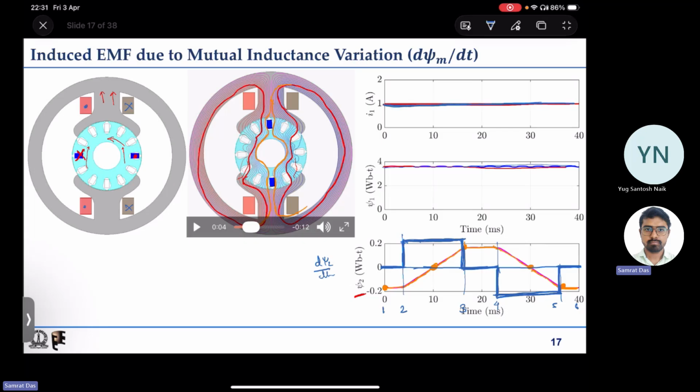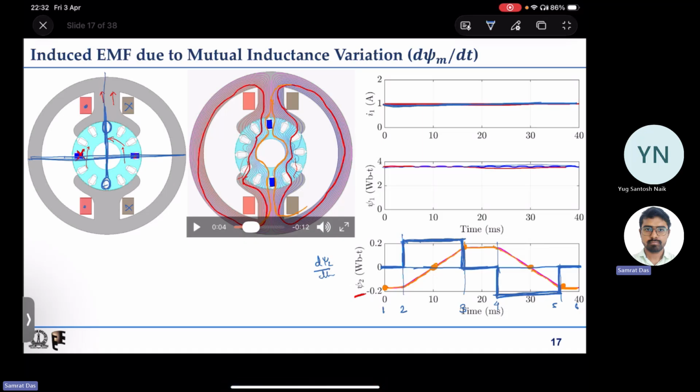The current is constant. But because of the rotation, the alignment of the coil axis changes. In the first case the coil axis is in line with the first coil axis, so the mutual linkage is maximum, so flux linkage is also maximum in its magnitude. Then as it rotates and the coils basically come here and here, this becomes the new axis of the second coil, which is perpendicular to the first coil axis.